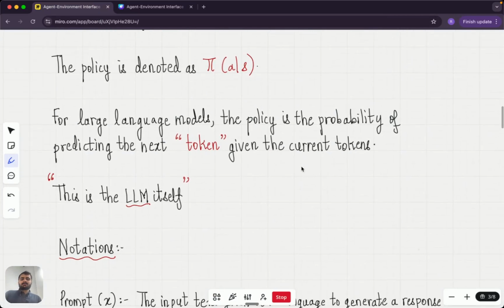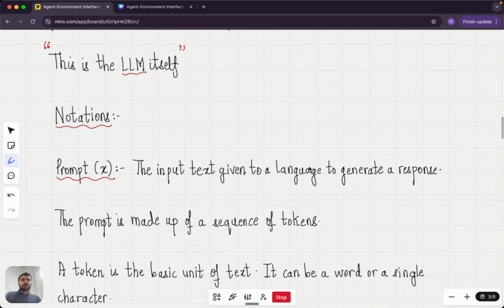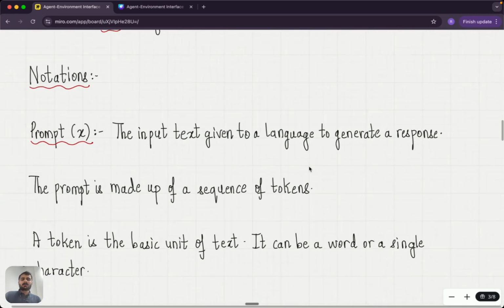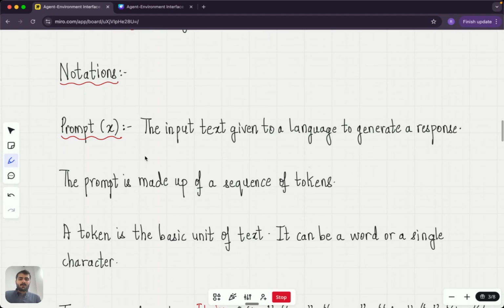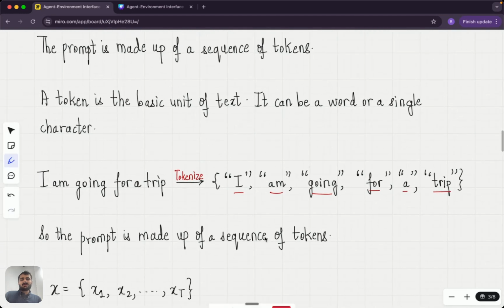Now, some notations which are going to be important as we move ahead to the next lecture. The prompt is going to be denoted by X, which is made of a sequence of tokens. A token is a basic unit of text. It can be a word or a single character. For example, if the sentence is "I am going for a trip", the tokens are I, am, going, for, a, trip.